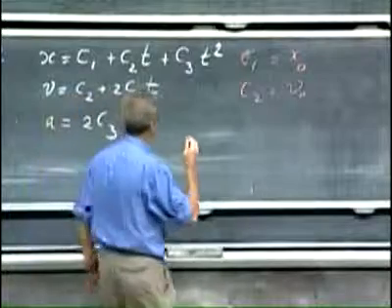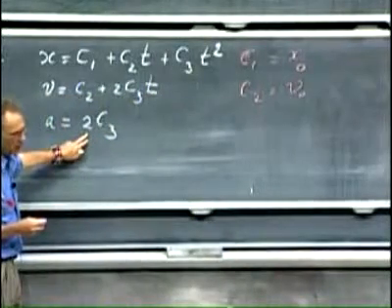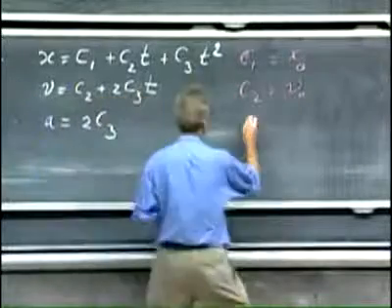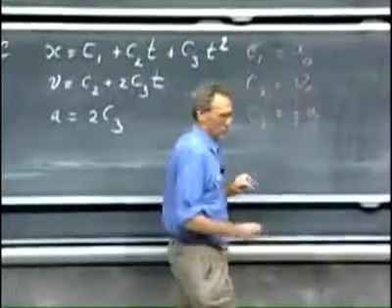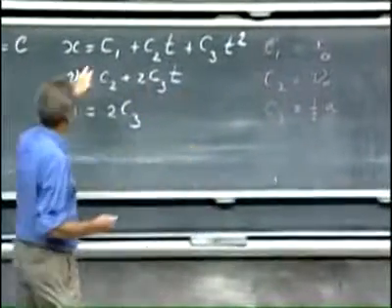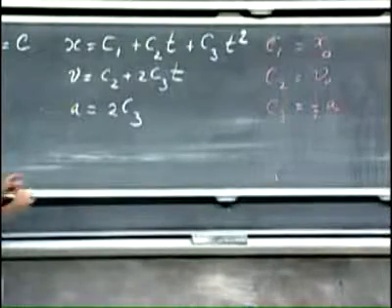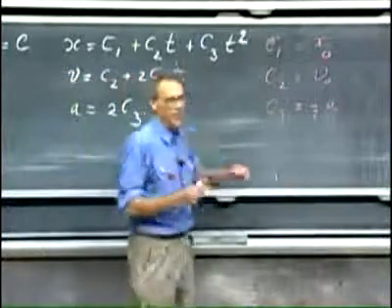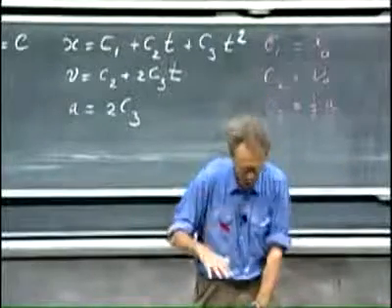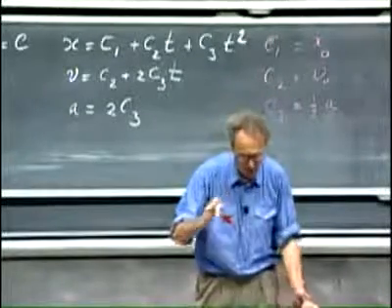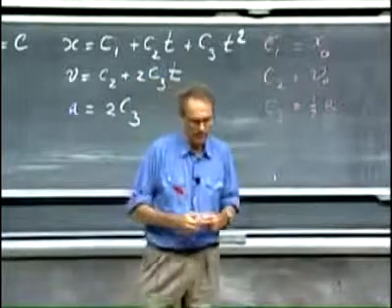And the acceleration is not changing with time, it is 2c3, therefore c3 is half the acceleration. So this gives you some insight into the meaning of these quantities, and you can now read some physics in there. c1, c2, and c3 can independently be either 0 or larger than 0 or negative. Makes no difference. Each one of these combinations is a valid possibility in physics.